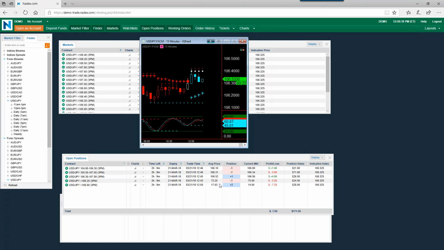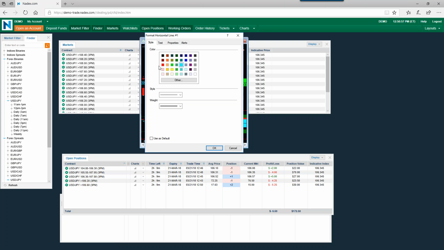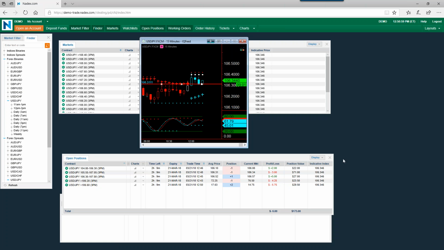Now, it's marked down here as number 2 because I already had that in there, okay? So we're going to draw a line on here where our entry price was on that spread, and that happens to be 106.31, okay? So right here, this tells me that that is a spread, okay? And this is my entry price.